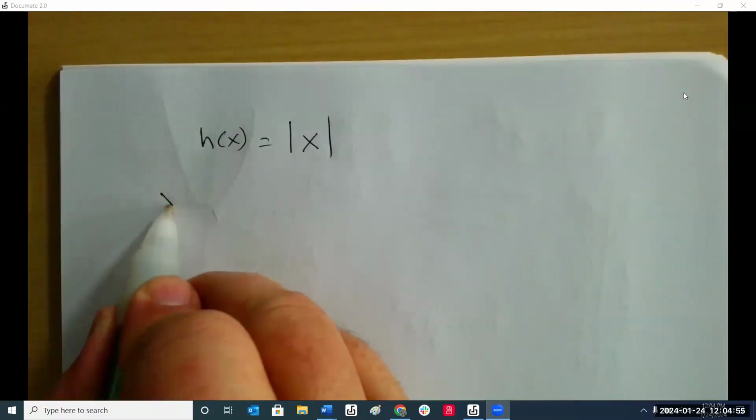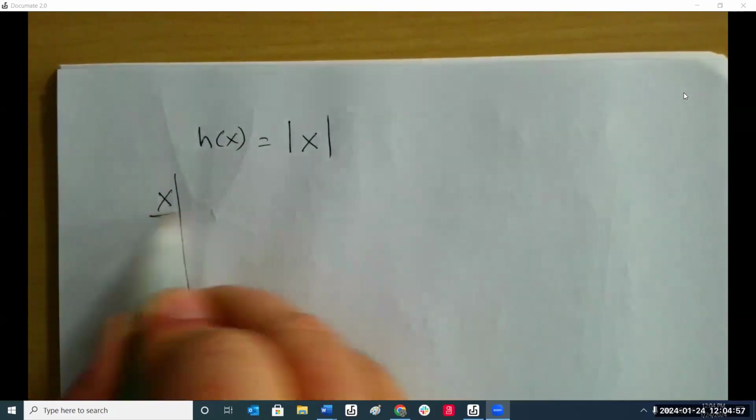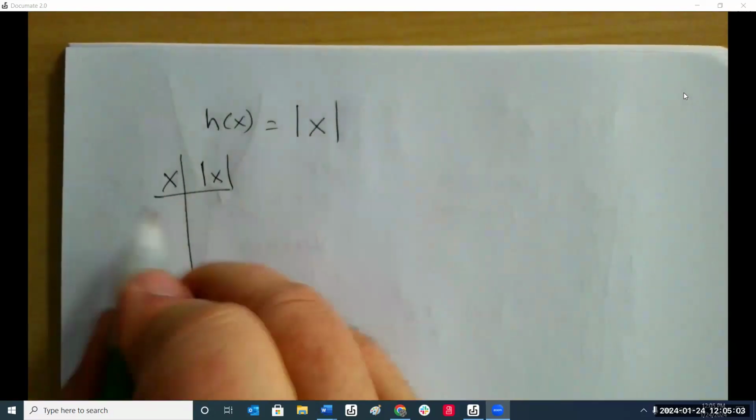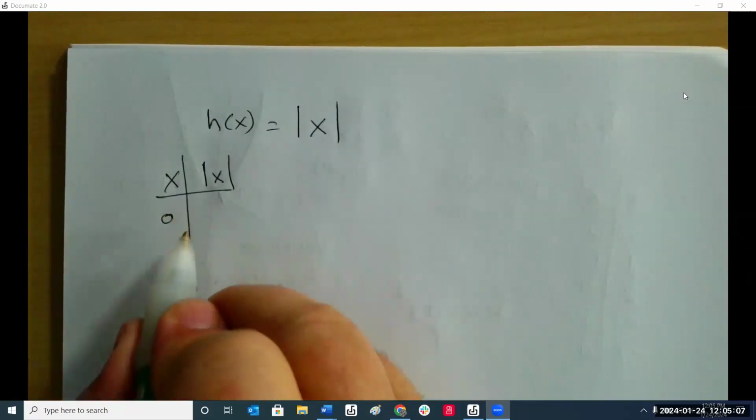Absolute value of x. And you have 0. Absolute value of 0 is 0.